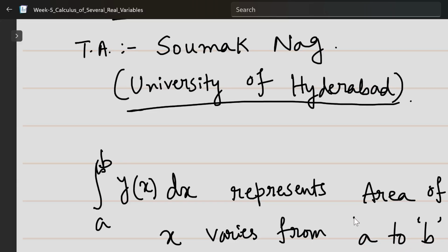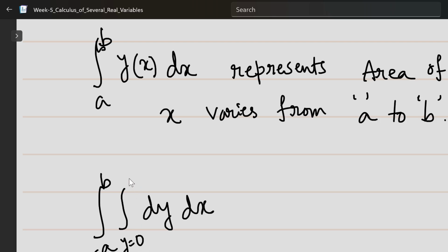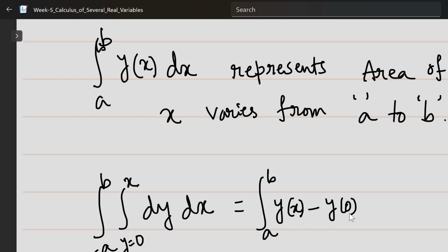Similarly, for multiple integral, suppose I am writing integral dy dx, where x is from a to b and y is from 0 to x. This is the same as integral a to b of y of x minus y of 0.